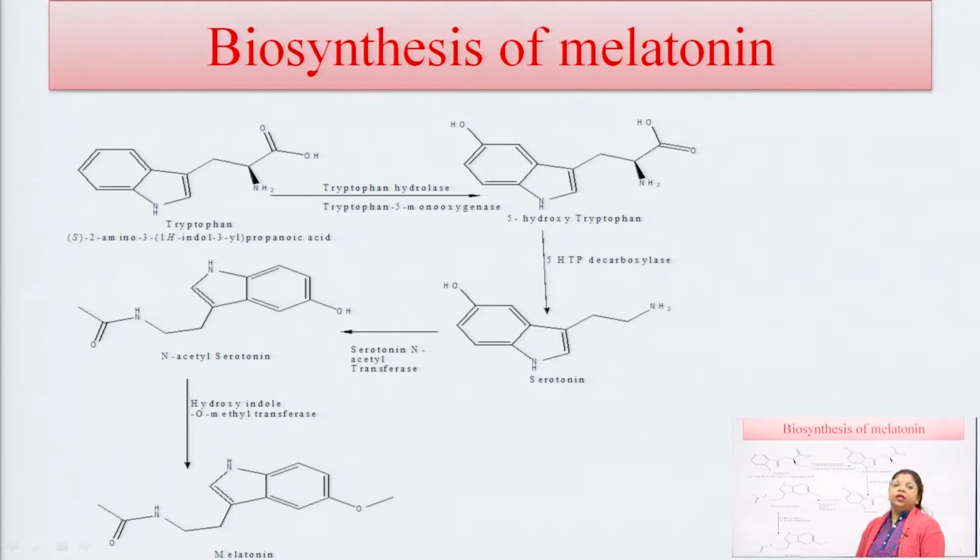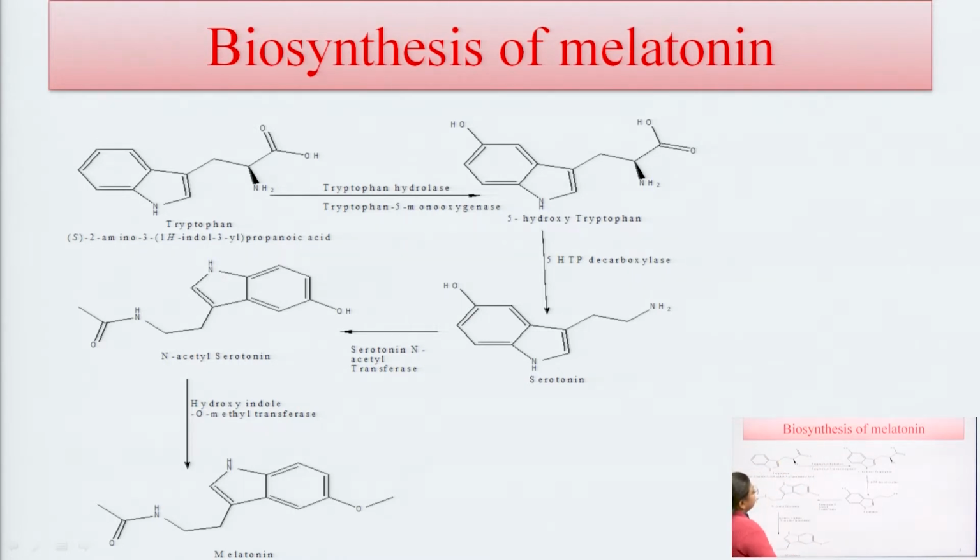The second thing is the biosynthesis of melatonin. How is melatonin synthesized in our body? This is the pathway of synthesis of melatonin, and tryptophan is also the precursor for melatonin. We already discussed the structure of tryptophan. There is an indole moiety, and propionic acid on this indole structure.